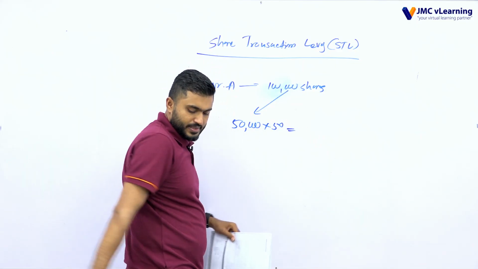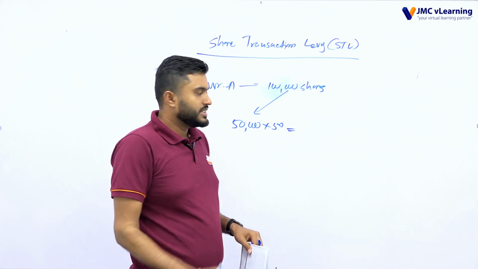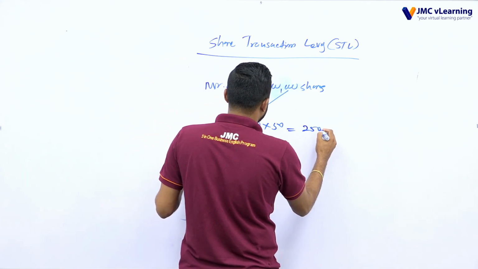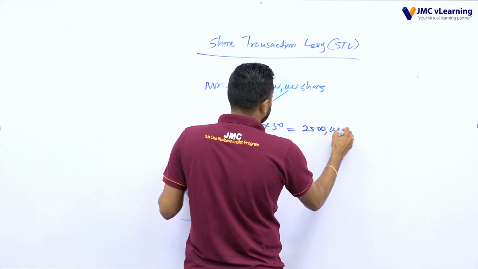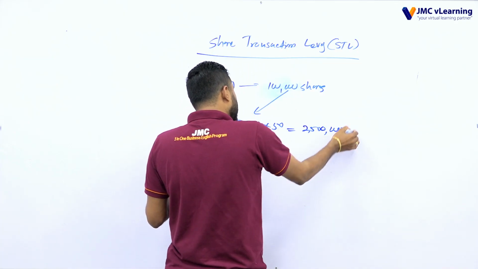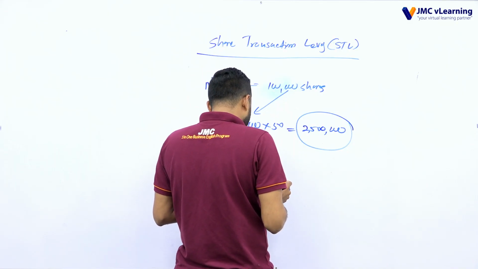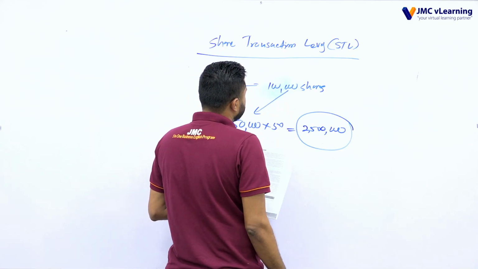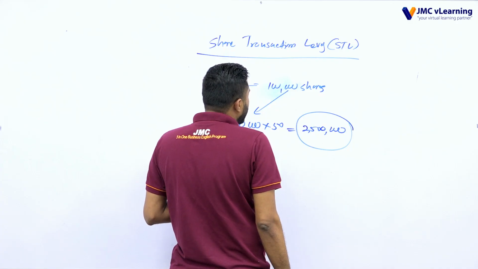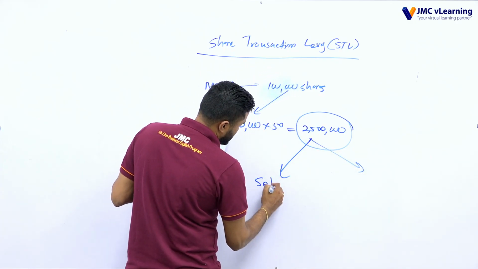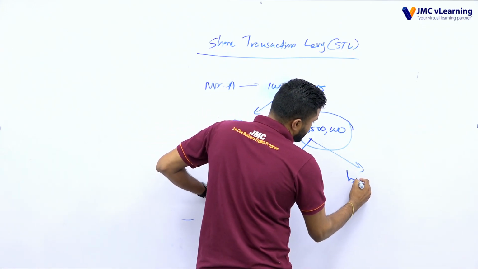Then how much is the transaction value? The transaction value here is 2,500,000. This is the transaction value. So on this, you need to pay share transaction levy, that means both seller and buyer.